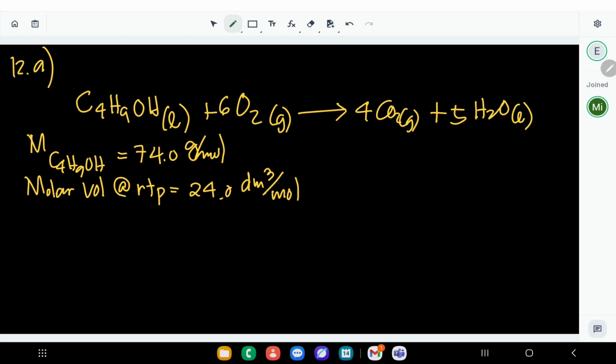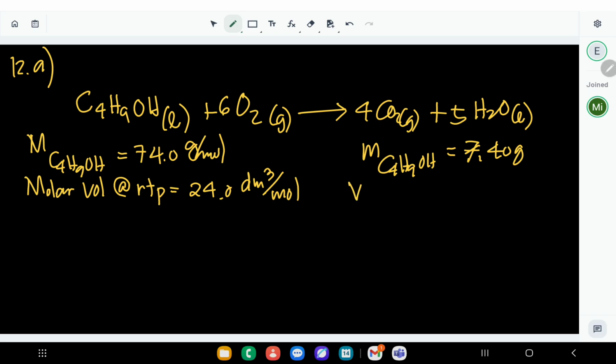The mass of butanol, 7.4 grams, was burned completely in 16.0 cubic decimeters of oxygen.